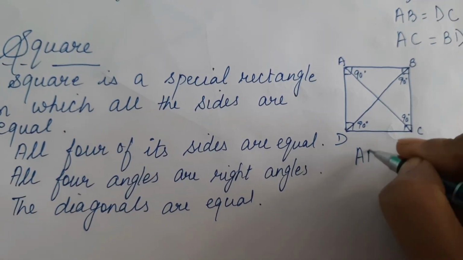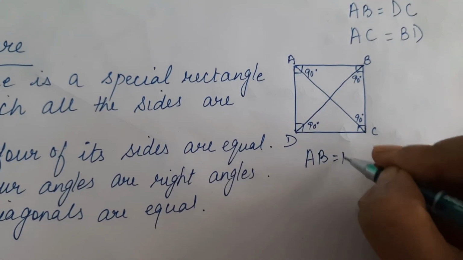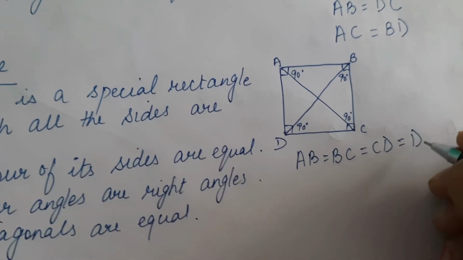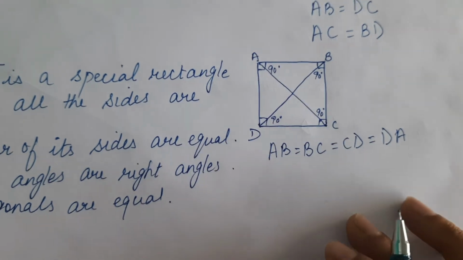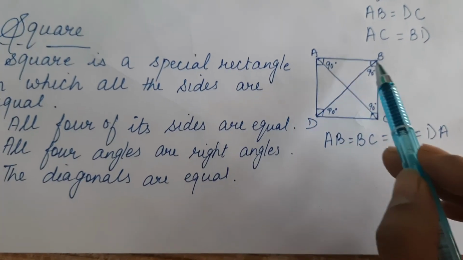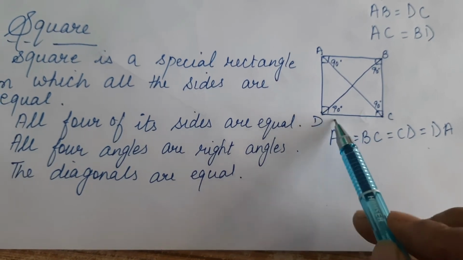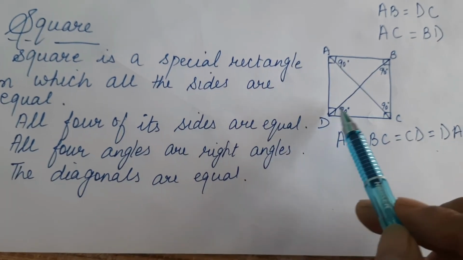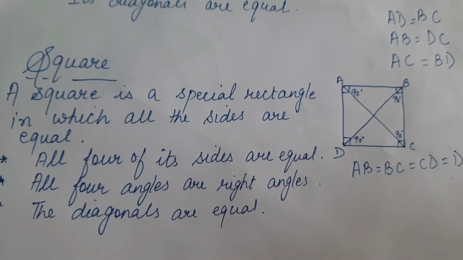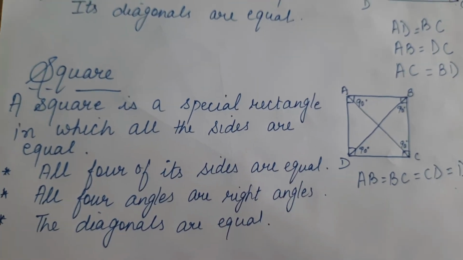That means AB is equal to BC, is equal to CD and is equal to DA. Okay, so in a square all the sides are equal, all the 4 angles are of measure 90 degrees, meaning all the 4 angles are right angles, and the diagonals are also equal. Fine. So this is all about square and rectangle.